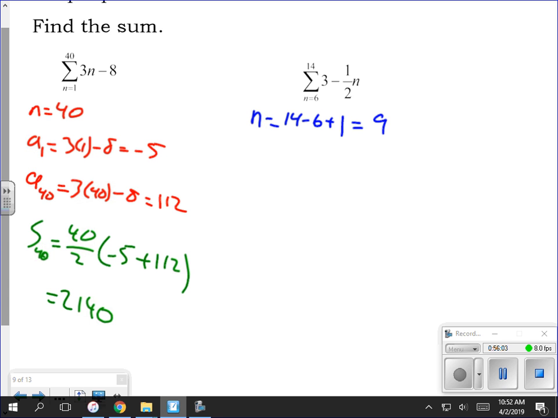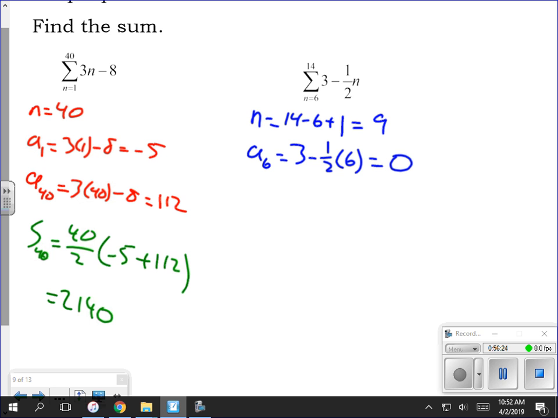So I don't want a sub 1, I want a sub 6 because I'm starting with 6. Which is 3 minus 1/2 times 6, which is 0. So the first number in my sequence I'm adding up is 0.